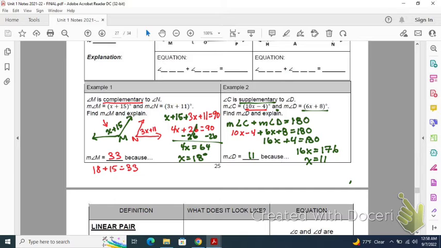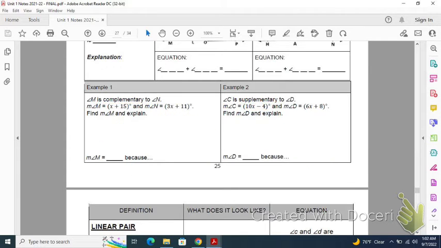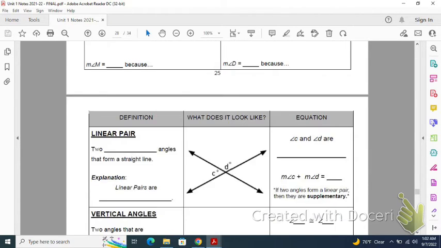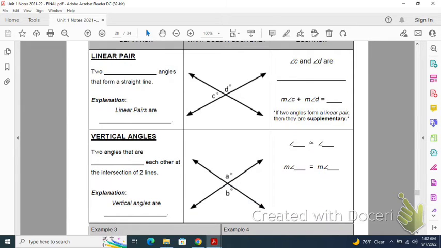Okay, next page, we are going to talk about linear pairs and vertical angles. So linear pairs are two adjacent angles that form a straight line.